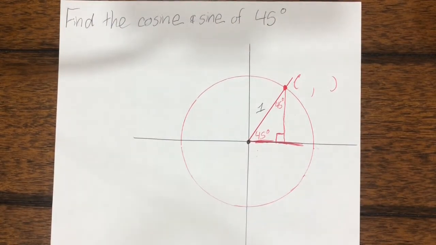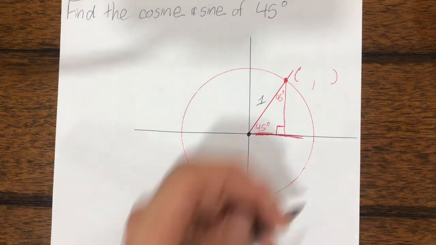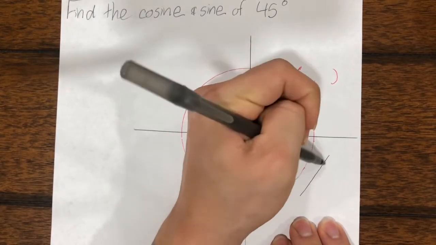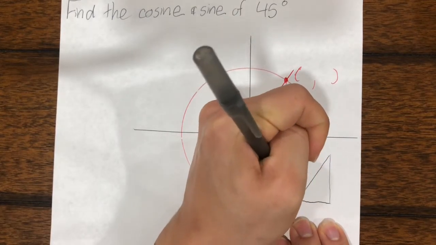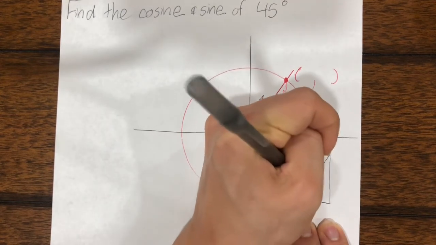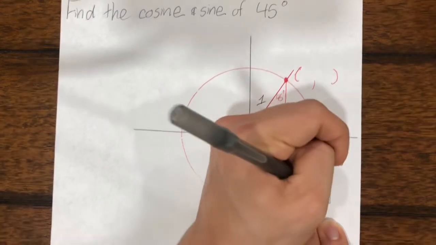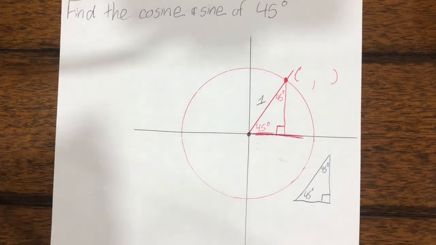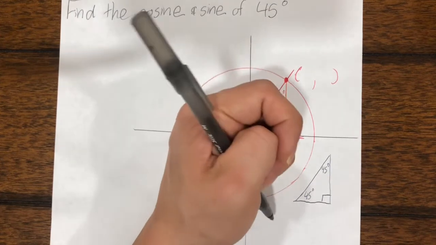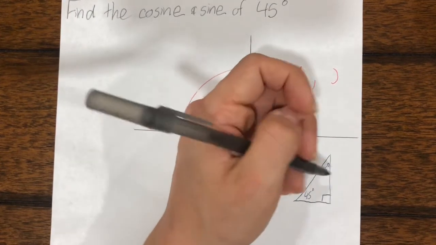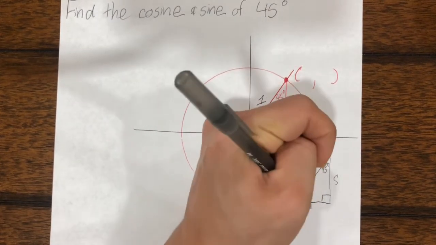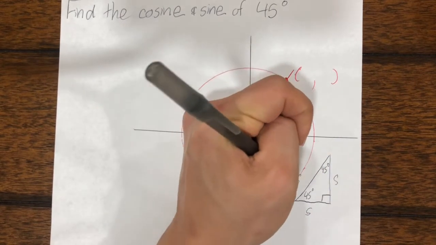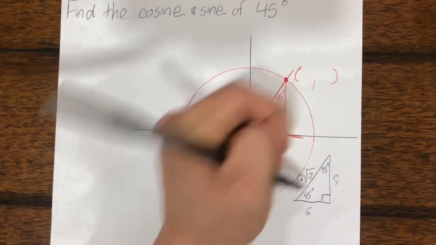Now, if you recall, we have a formula for a 45, 45, 90-degree triangle, which I'm going to draw over here. So I'm going to draw the right triangle for the 45, 45, 90-degree triangle. So we have the short sides, and then for the hypotenuse, you just take the short side and multiply it by root 2.